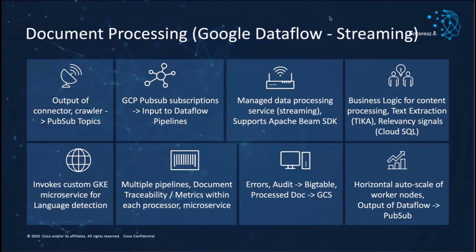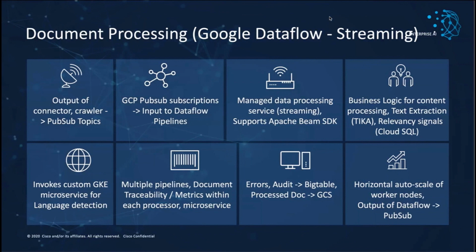We also apply a lot of relevancy signals which are stored in Cloud SQL. For locale detection, we invoke a microservice from Dataflow. And even within the document processing pipeline, we have end-to-end traceability across each process and microservice. All the errors, audit, and metadata go to Bigtable.